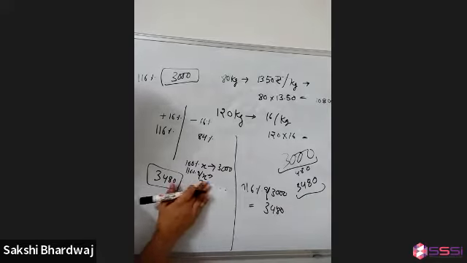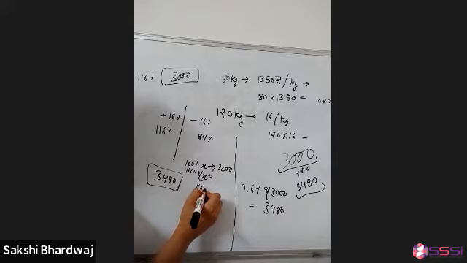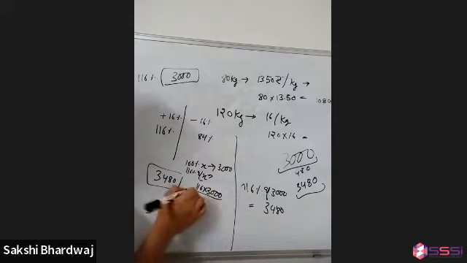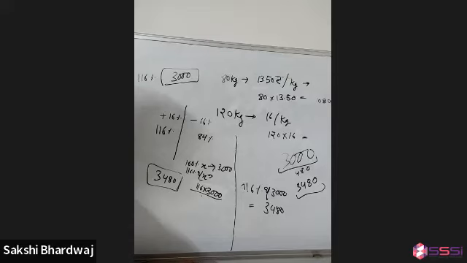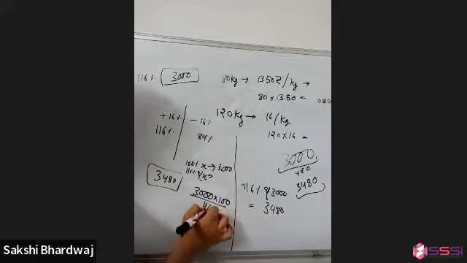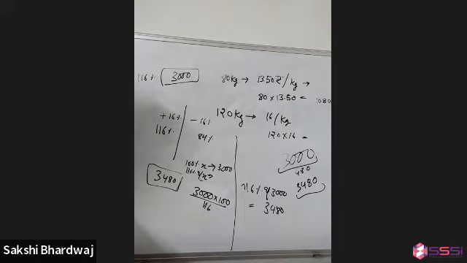Sorry, 116 into 3,000 divided by 100. Solve it like that: 3,000 multiplied by 116 divided by 100.